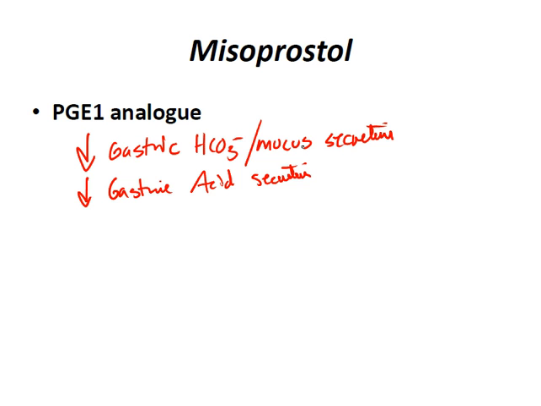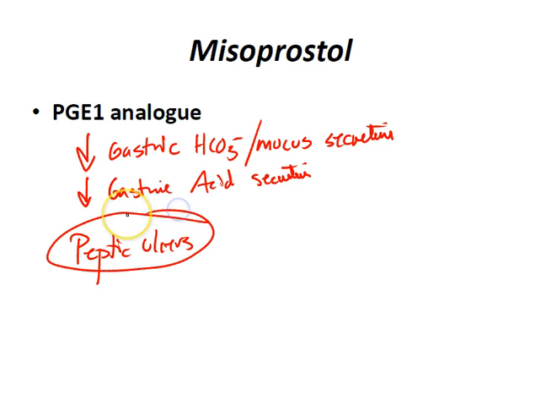So, who do we use this to treat? You use it specifically to treat those people with peptic ulcers, especially those caused by what? You got it, NSAIDs. NSAID-induced peptic ulcers, you use misoprostol.